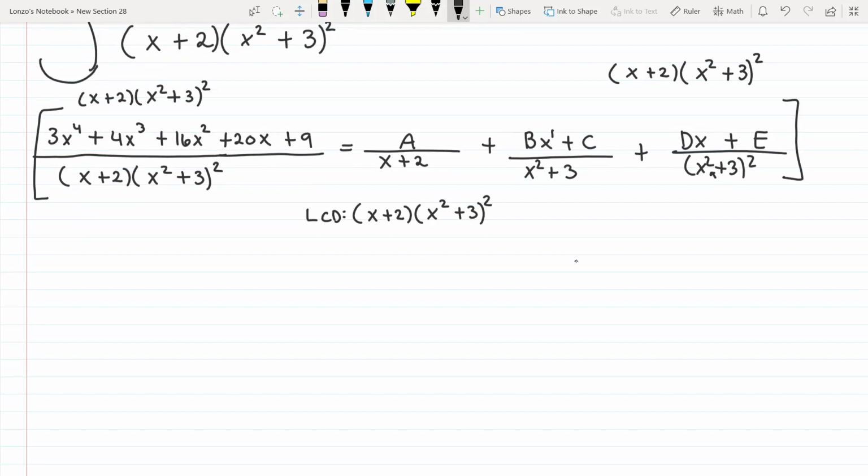So on the left, what do you see that cancels? Everything else cancels, right, leaving the numerator.